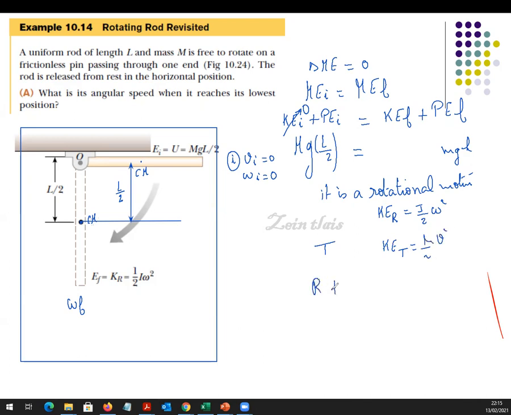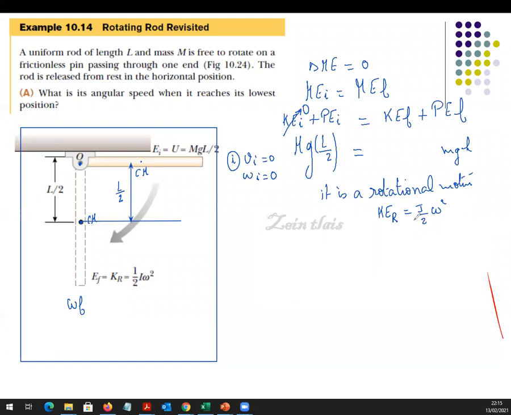If we have rotation plus translation, we have kinetic rotation plus kinetic translation. How can you know? Here, as you see, we have a fixed point O, so we have only a rotation. In the case of translation, the whole system will move away. In the case of rotation and translation, the system will move away and at the same time we have rotation. In this case, we have only rotation.